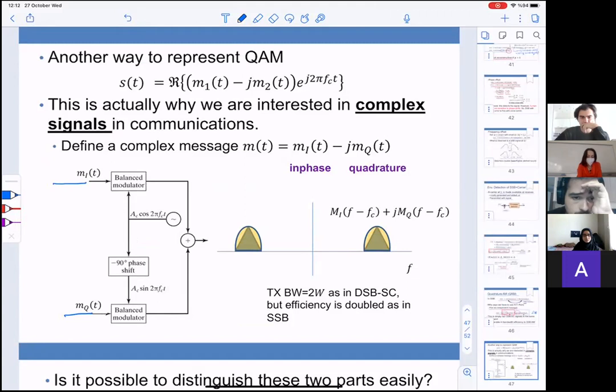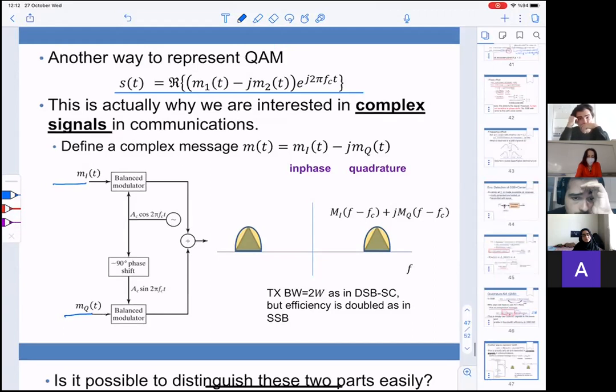So another way to represent QAM would be using phasors. Now, since we're talking about, let me write it here again, m1 of t cosine 2 pi fct plus m2 of t sine 2 pi fct, I could always write this as the real part of some complex signal.